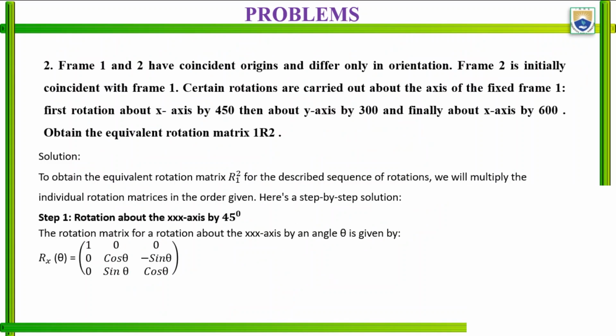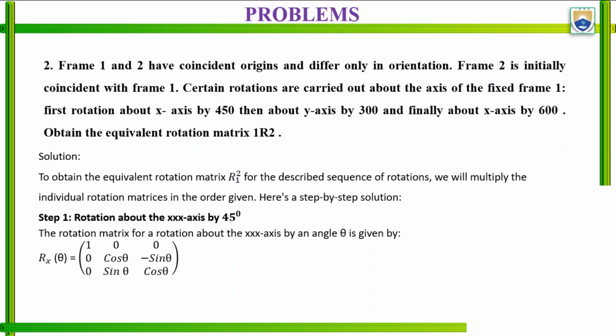Moving on to the second problem. Here again it is the frame problem. Right? That is, here we are considering frame 1 and 2, which have coincided origins, and these particular origins have difference only in one orientation. Right? So here the frame 2 is initially coincided with frame 1, where certain rotations are carried out about the axis of the fixed frame 1.